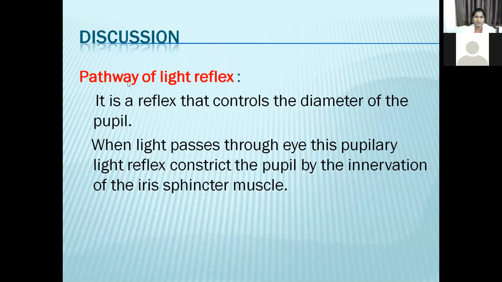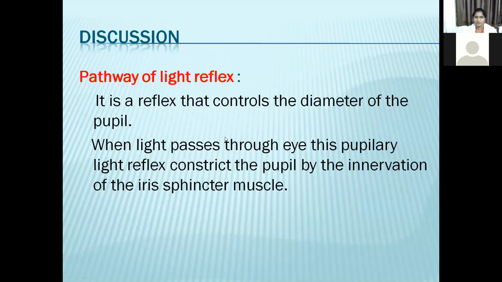First one is the pathway of the light reflex. It is a reflex that controls the diameter of the pupil. When light passes through the eye, the pupillary light reflex constricts the pupil by the innervation of the iris sphincter muscles.